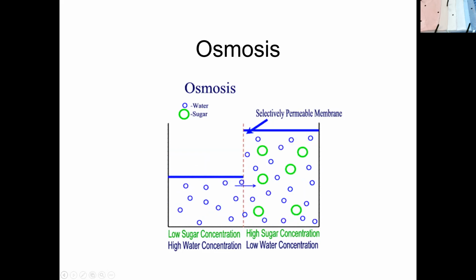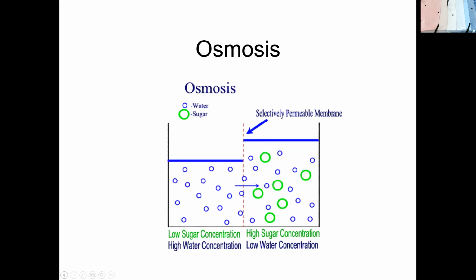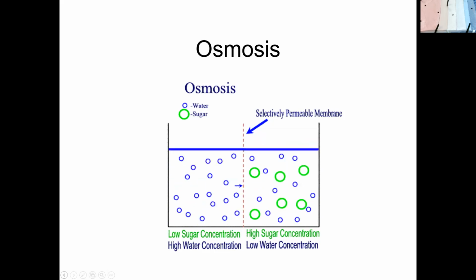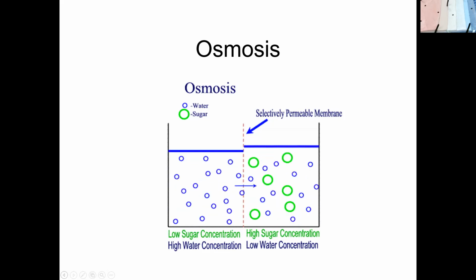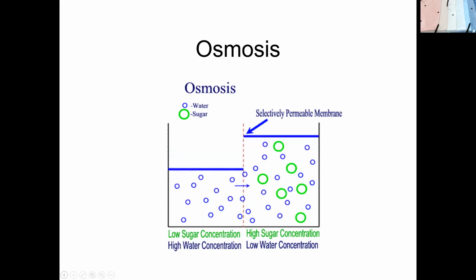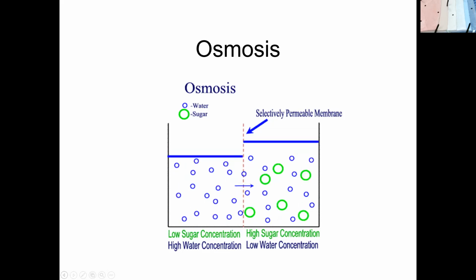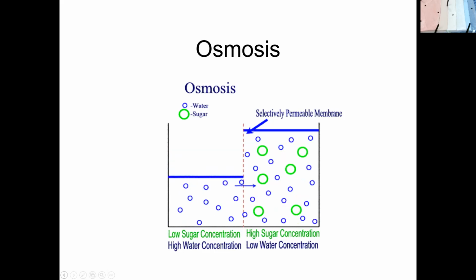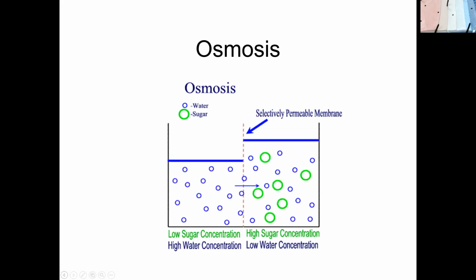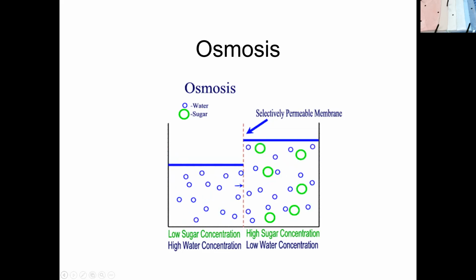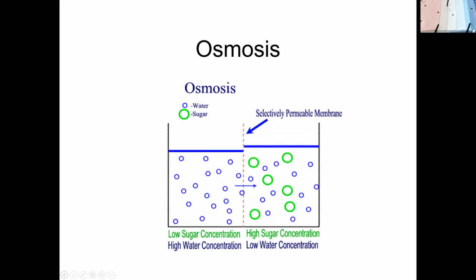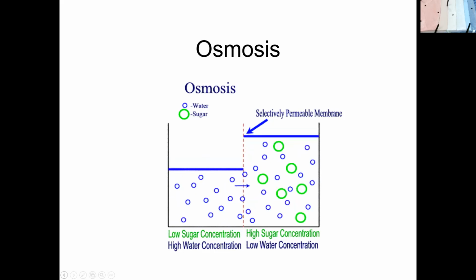Here, water should go from high water to low water. The high water is inside the cell at 100%. The salt water in the beaker is 90%. This cell should shrink. It should lose weight. And if I did it right and didn't get things mixed up, we should see some changes in these numbers. So we're going to let that cook for a while.